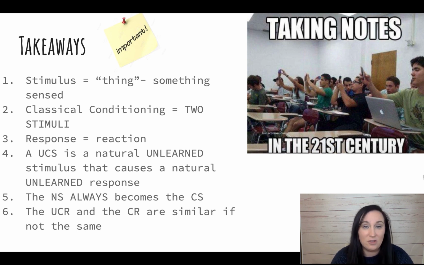So a learned stimulus. The natural response, the unconditioned response, and the conditioned response are always similar, if not the same. If you rewind this, you'll see that they were the same. So the UCR and the CR are the same.